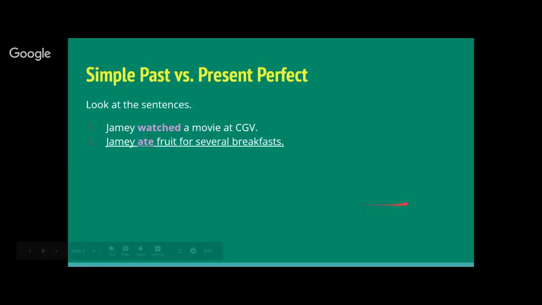I will explain. Looking at the example sentences that I made, Jamie watched a movie at CGV. That happened once this month. And Jamie ate fruit for several breakfasts. That happened many times, right? Do we watch movies at CGV every day or regularly?